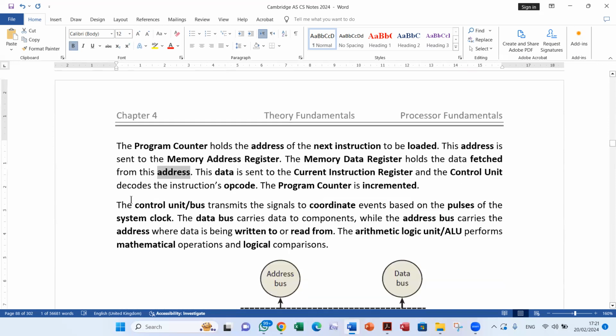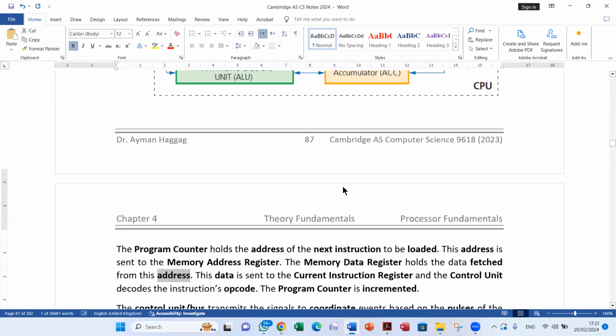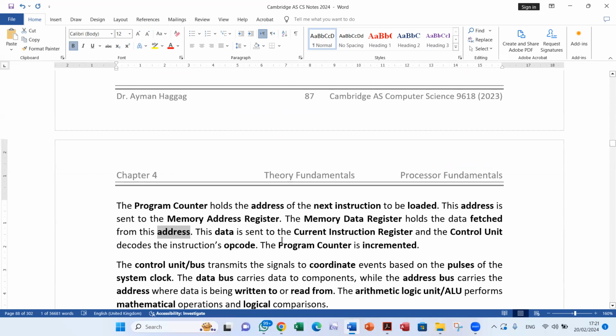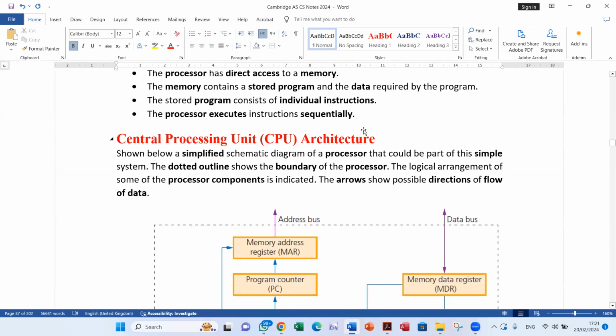The control unit decodes the instruction, interprets or understands the instruction here. The control unit decodes the instruction's opcode. The program counter is incremented so that afterwards it points to the instruction that follows.